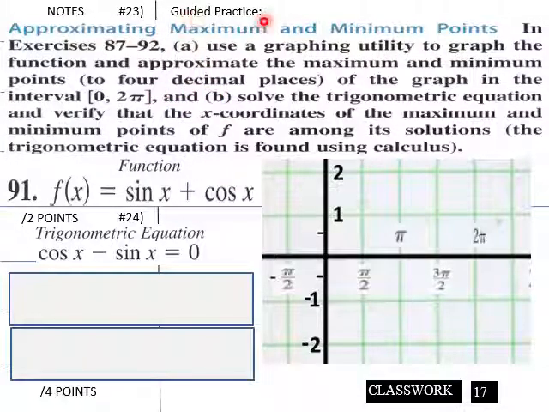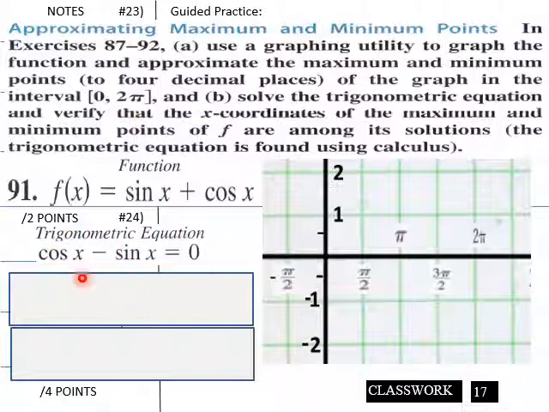So let's try another max-min situation here with a graphing calculator. What are we finding the min of here? We just want to find the min of this function, sine x plus cosine x, and then cosine x minus sine x equals 0.